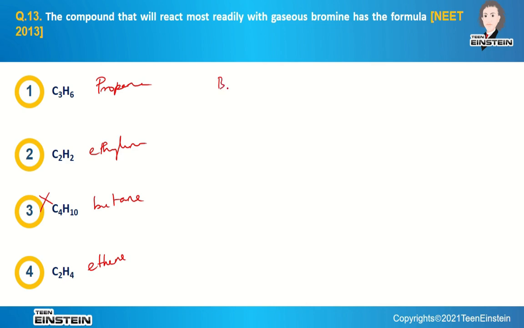So bromine only reacts with unsaturated compounds. Here the clue is given in the question: bromine is taken in gaseous state.